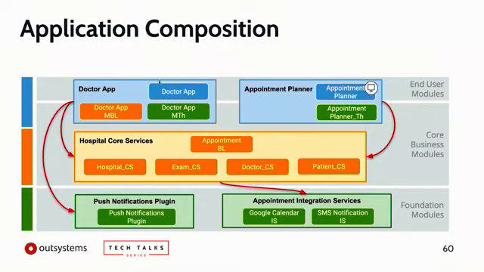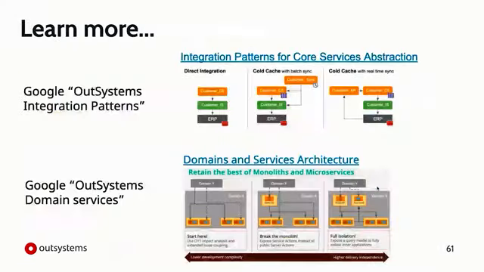Here the option was to gather all the core services in this hospital core services application. Remember that the goal is to make your deployments easier, so make sure your applications reflect the different life cycles that your groups of modules might have. If you want to learn more about known patterns, I recommend that you Google OutSystems integration patterns, where you will find a lot of different patterns to deal with external systems.